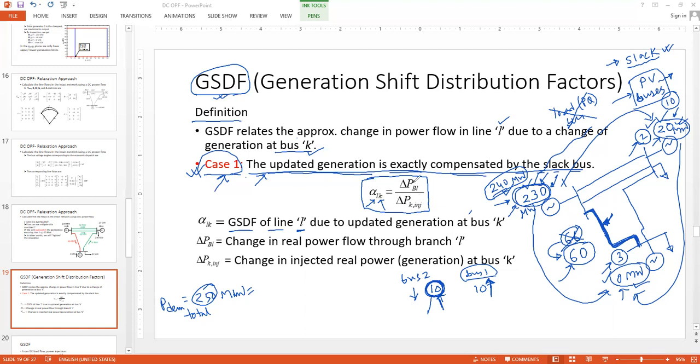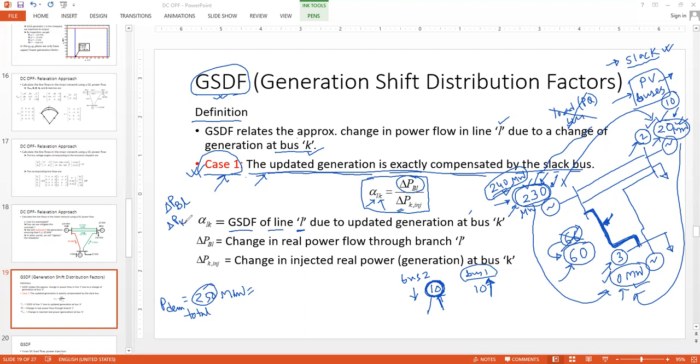And then it relates the change in line flow or branch flow. So del PB, del P means change in real power flow. B stands for the branch, any branch or branch flow. L is the line number under consideration. Similarly, del PK in the denominator, del P again is change in real power.